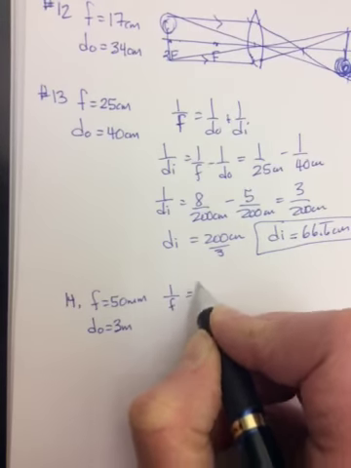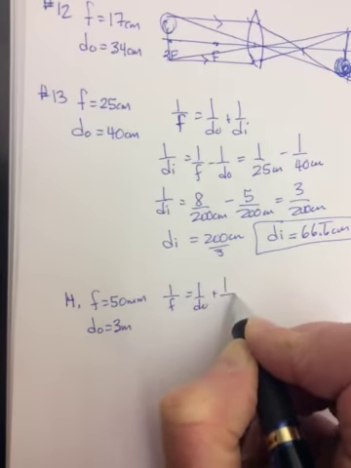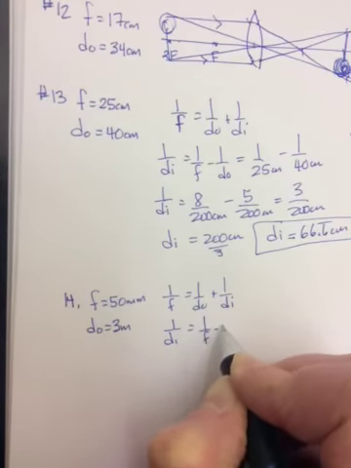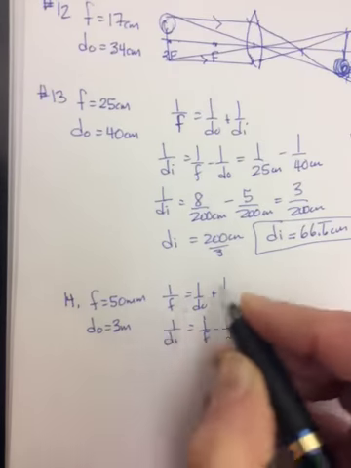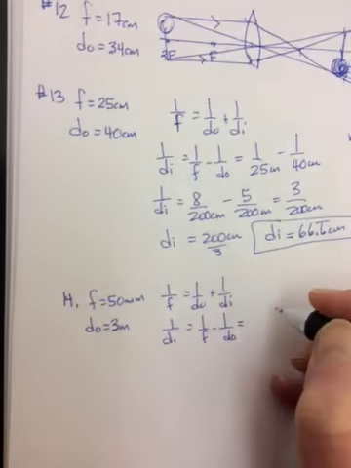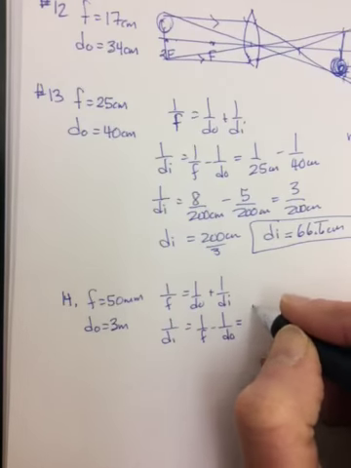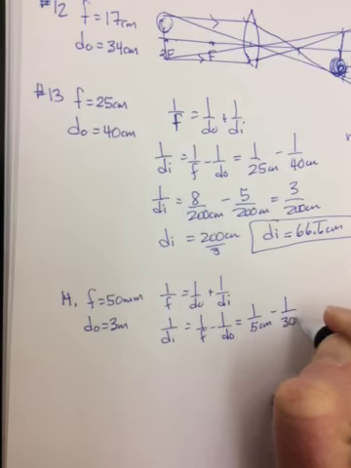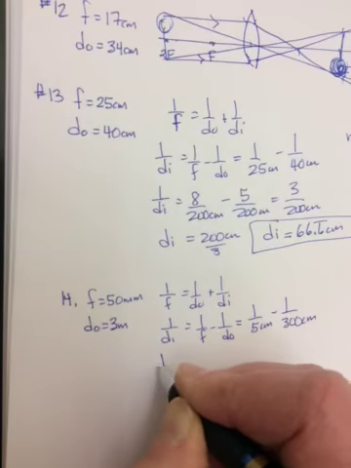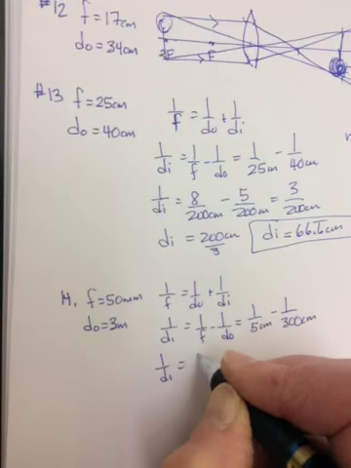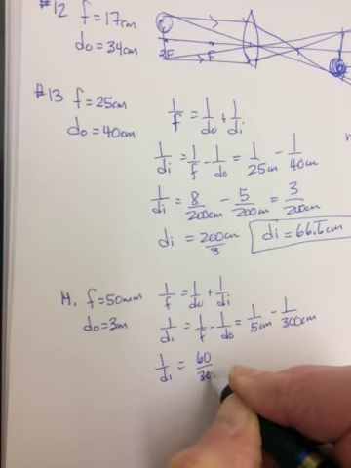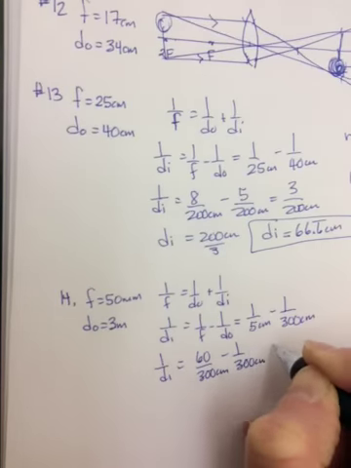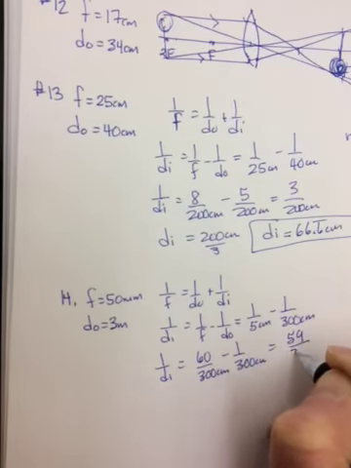So 1 over F is equal to 1 over DO plus 1 over DI. So 1 over DI is equal to 1 over F minus 1 over DO. Now one of these is in millimeters and one is in meters. I'd probably change them both to centimeters. So it'll be 1 over 5 centimeters minus 1 over 300 centimeters. Common denominator will be 300. So this will be 60 over 300 minus 1 over 300, which will be 59 over 300.